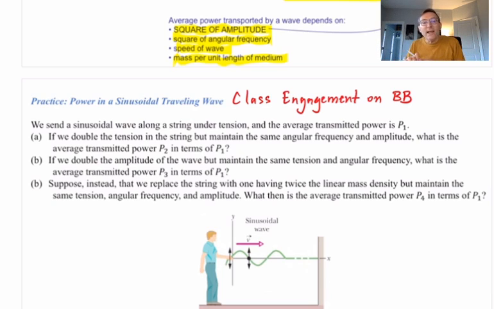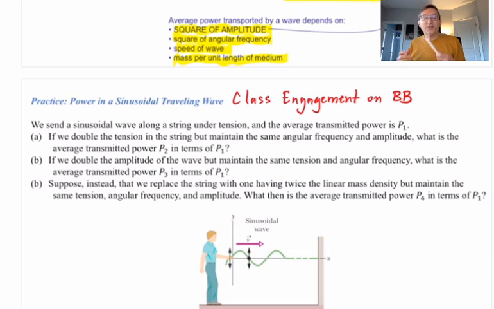But we're going to take one end and move it up and down with simple harmonic motion. We can control the tension of that string because we can control how hard we pull on it. We can control the amount of up and down we move it, so we can control the amplitude. And we can control the frequency that we move it up and down at, and therefore the angular frequency of the wave.